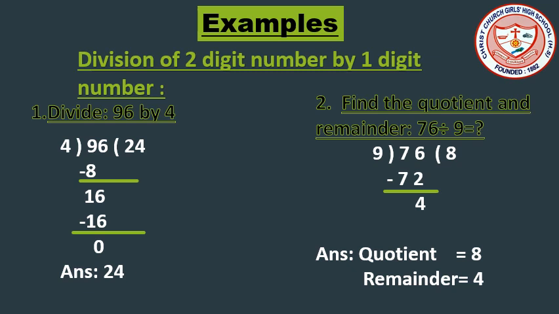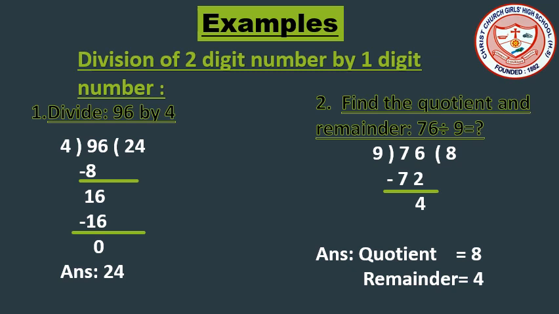So here we are going to take 8. So we are taking 9 8s are 72 and we are going to write 8 in the quotient's place, right? And 72 just below the dividend, that is 76 over here.